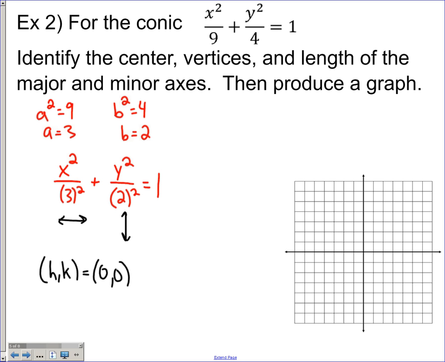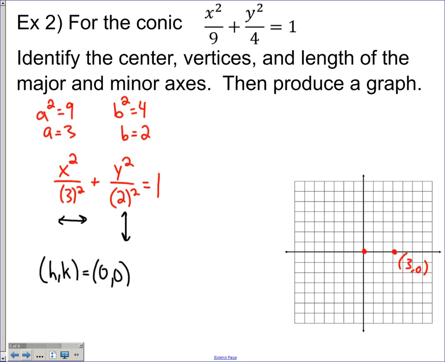And our vertices are the endpoints of our major axis. So let's actually start to get our graph going, and then we'll see where our vertices end up. Okay, so our center, 0, 0. Let's start by plotting that to get us an idea of where to count from. We determined that because A is with x, it's going to be horizontally oriented. So we're going to go 3 to the right and label that point 3, 0.